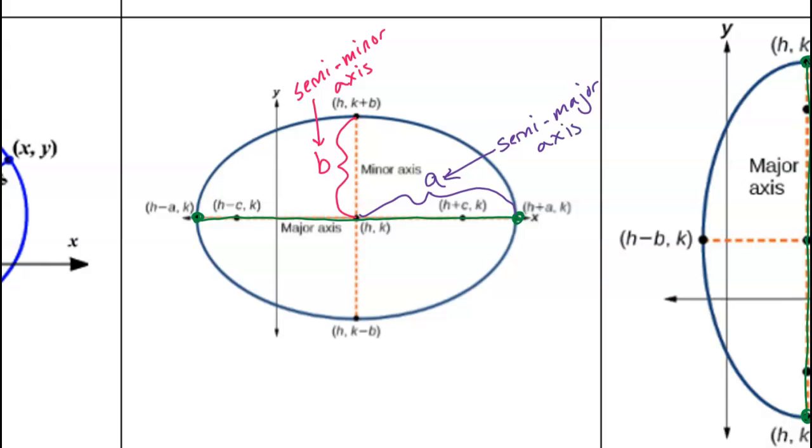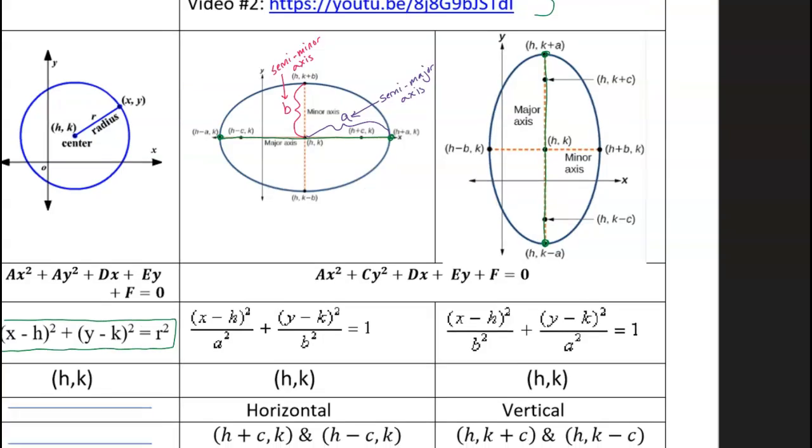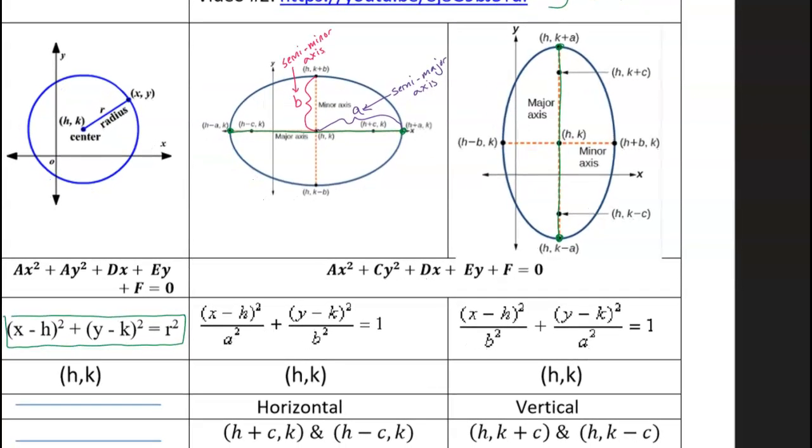These letters are important because they are what you divide by in your standard equation. Notice h and k still represent our center.